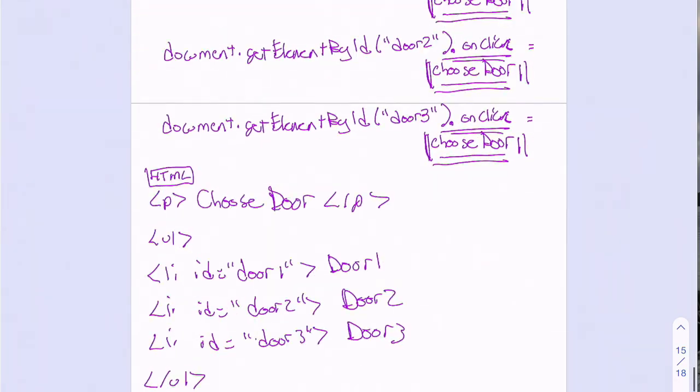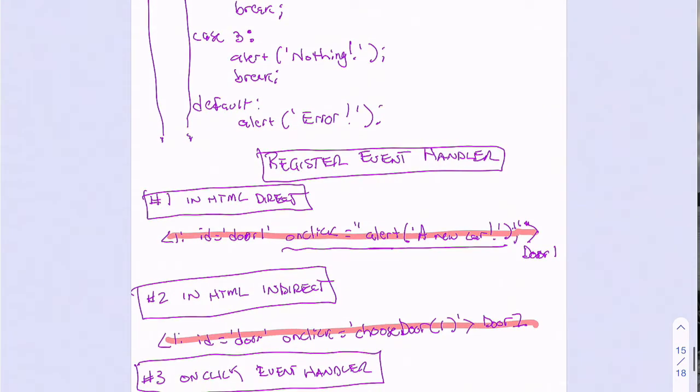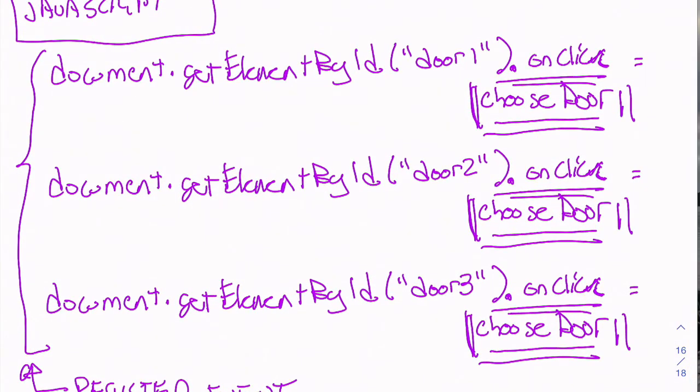But I just said that when you register event handlers in JavaScript, you can't specify an argument to choose door. You just have to have the name of the event handler. So somehow inside choose door, it would be really cool if we could discern which door we had, door 1, door 2, and door 3. And it turns out there's a very easy way to do that.